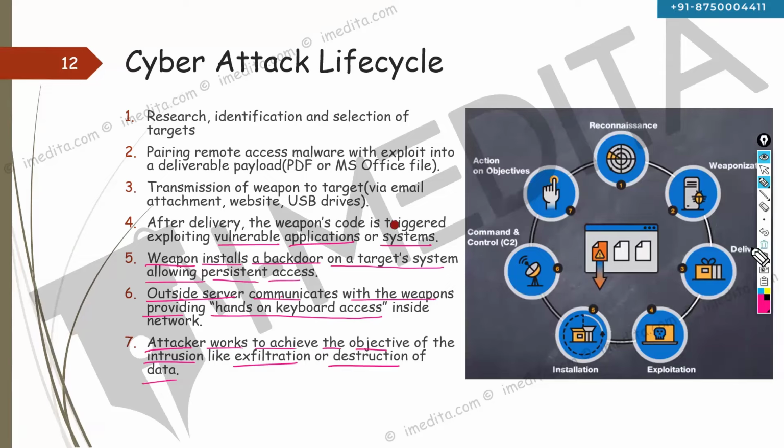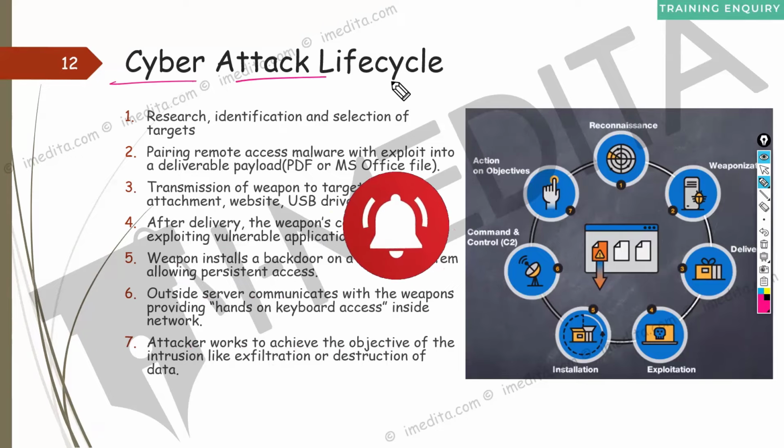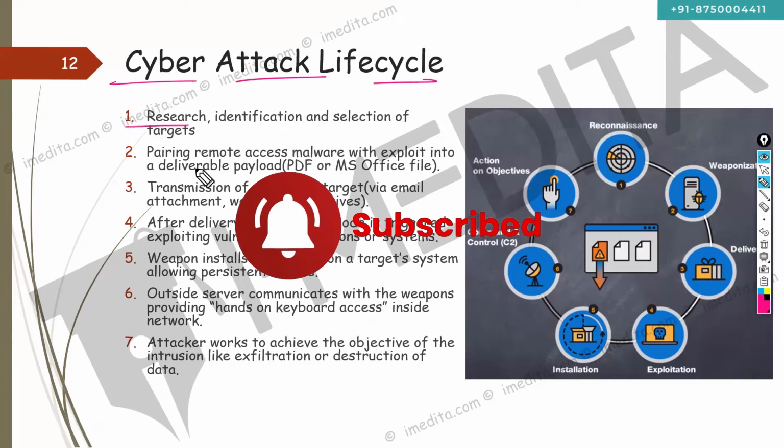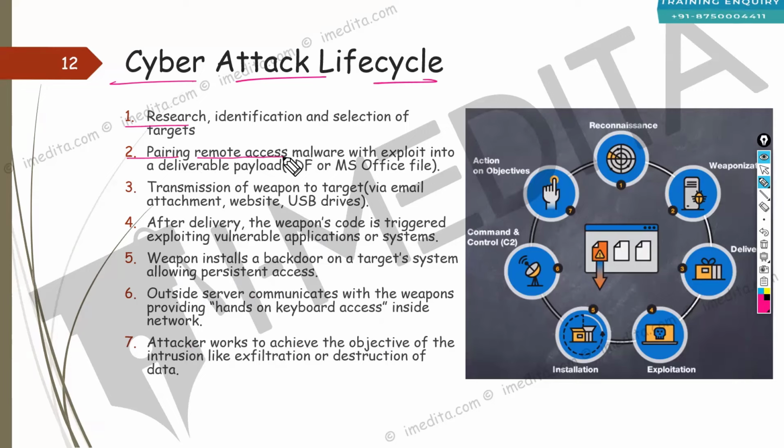So these are the 7 steps of any attack life cycle: research, pairing of remote access malware, transmission, delivery of the weapon, then the weapon installs a backdoor on the targeted system, then the outside server communicates with the weapon, then the attacker does intrusion or exfiltration or destruction of data. These are the 7 steps or phases of any attack done by an attacker.